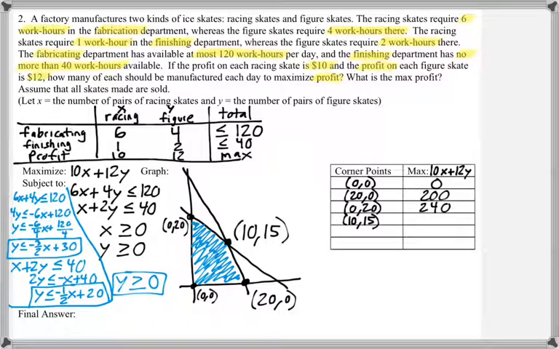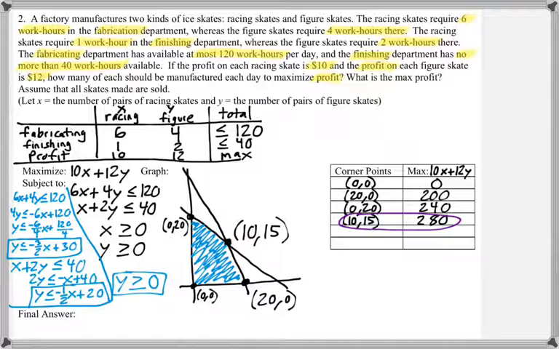And then if we plug (10, 15) in, we get 280. So that is going to be our answer, but we need to put it into context of the problem.